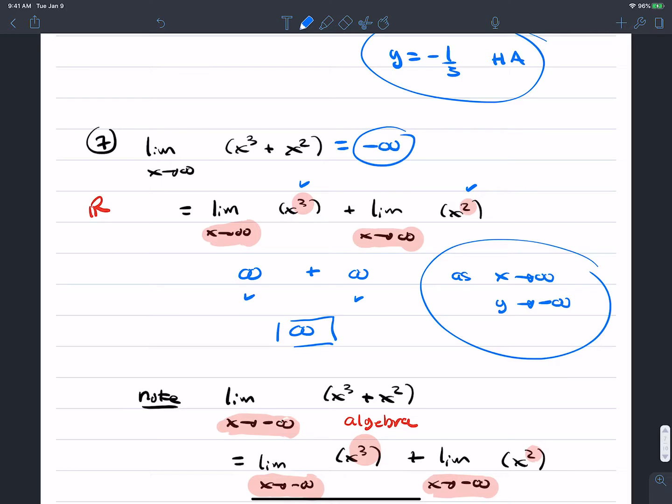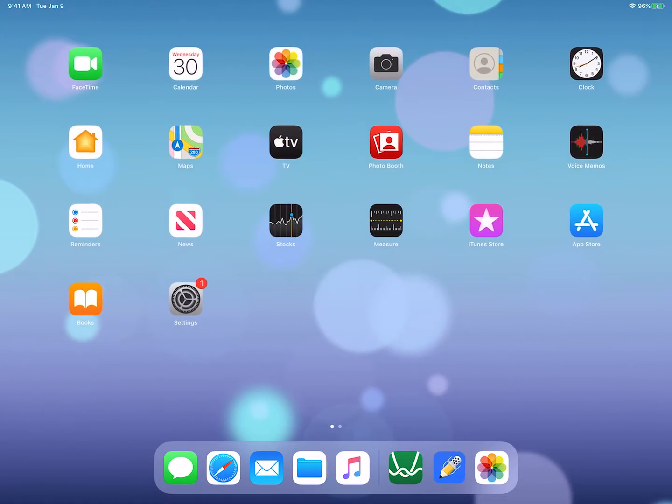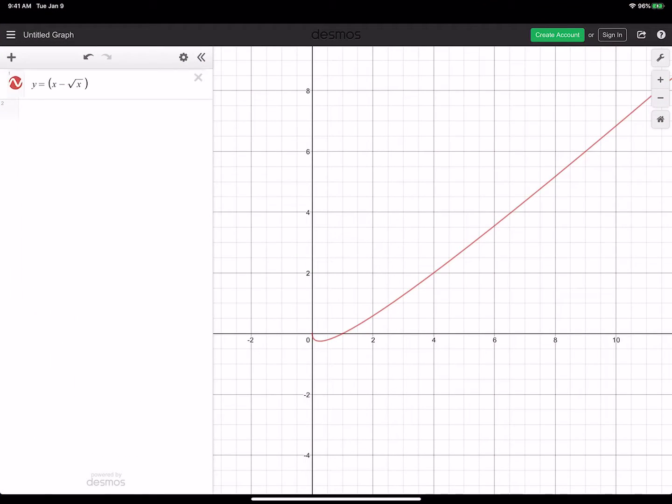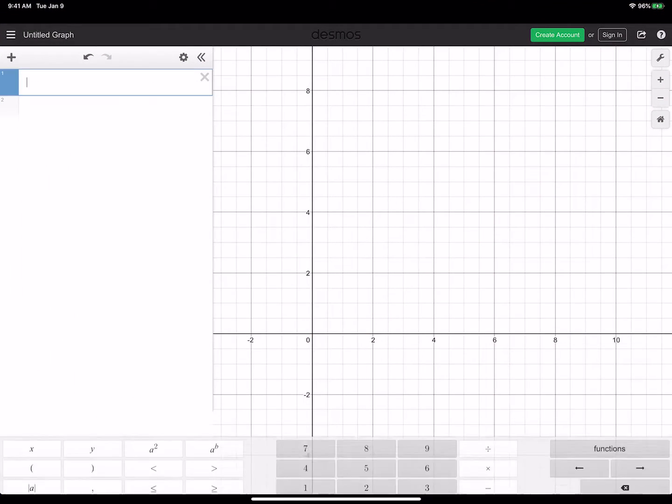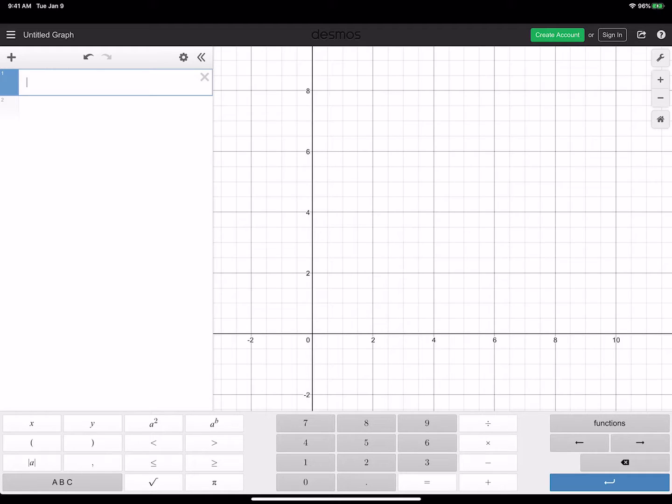Now this curve is x cubed plus x squared. So let's see if we can take a look at that one. Okay? So we'll have y equals x raised to the third power now. And that was plus x raised to the second power.